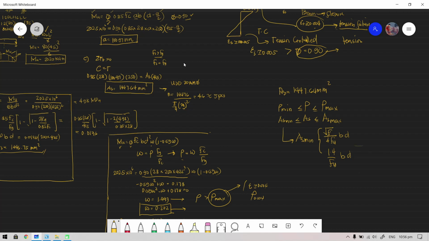Kung ano yung mas malaki sa kanila, whichever is higher, yun yung magiging minimum area natin.